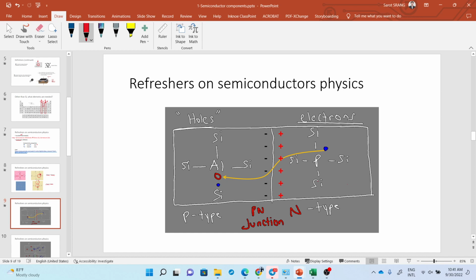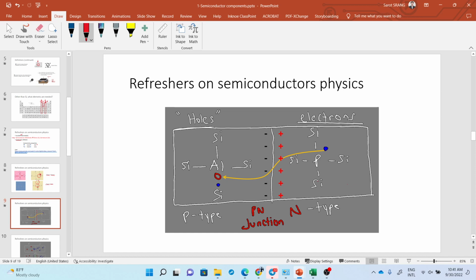N-type has free electron. When you join together, electron from this side is attracted to this side.